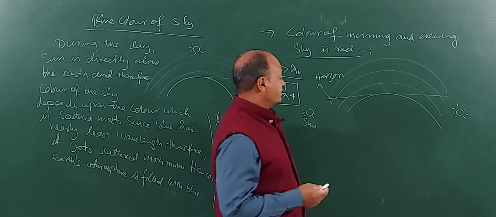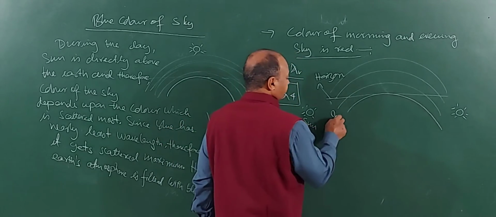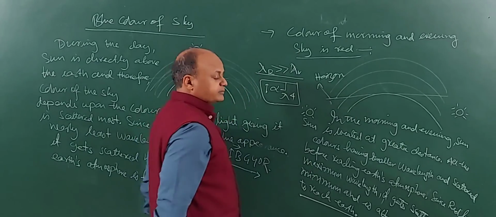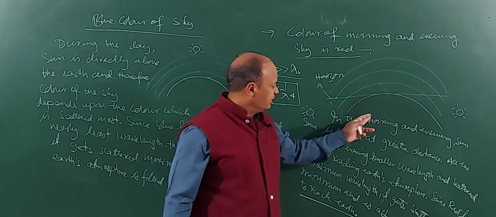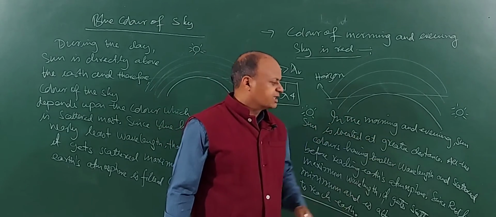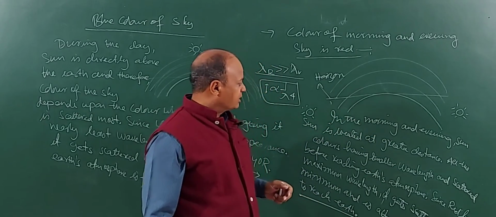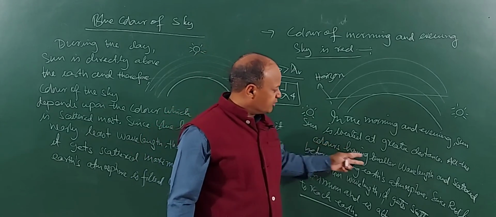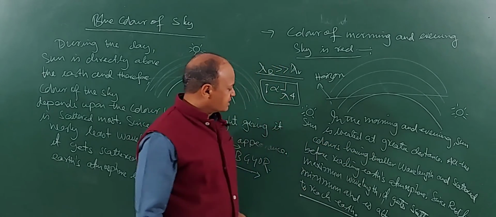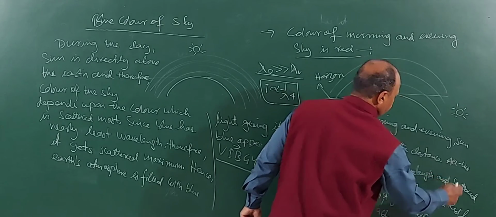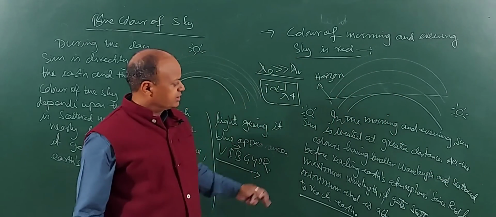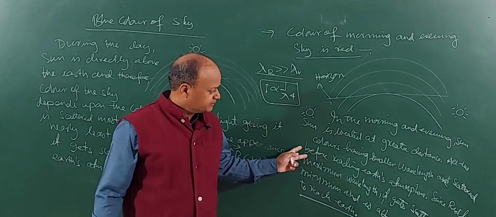Okay, so let's write down. We have explained and written: in the morning and evening, the sun is located at a greater distance from Earth. All the colors having smaller wavelength are scattered before reaching Earth's atmosphere.